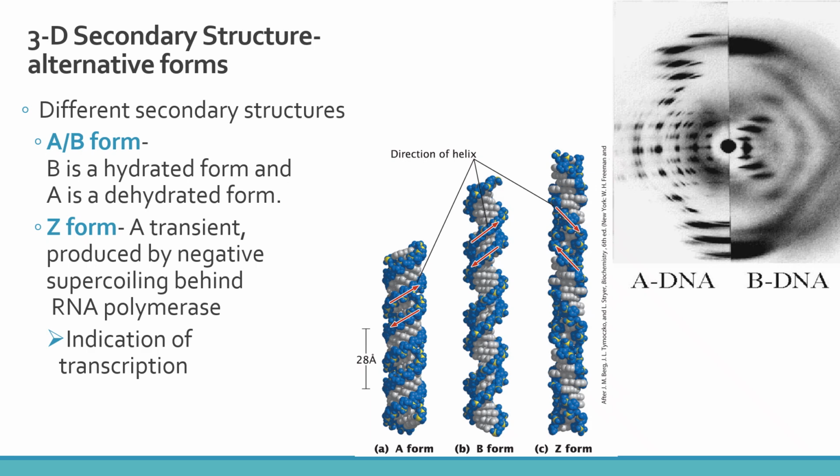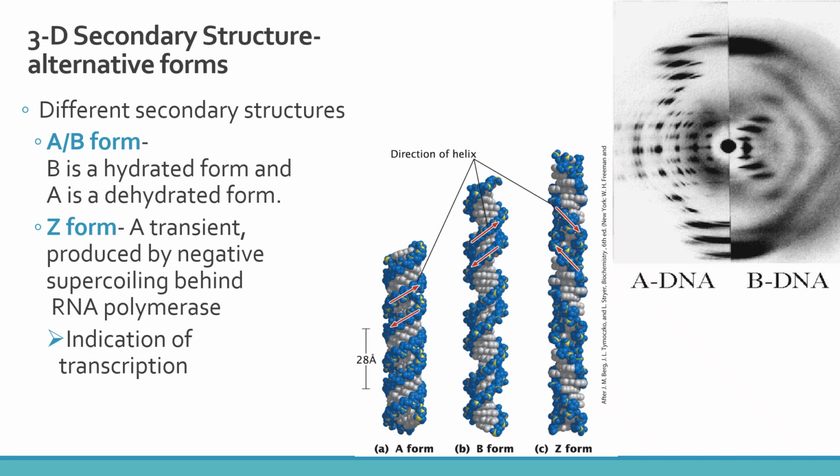Basically, the difference between A and B form is that A form is dehydrated. If you squeeze the water out of a sponge, it tends to get a little smaller once it's completely dry. When you add water to it, it expands, kind of puffs up a little bit.